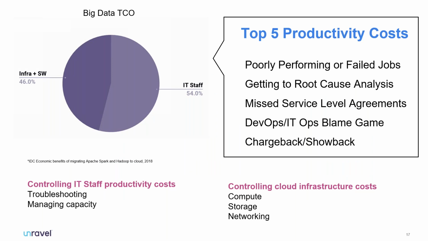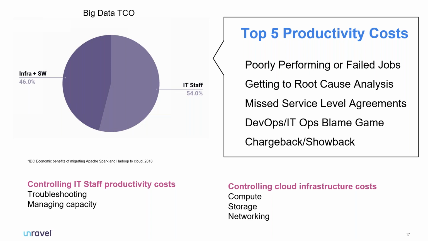Okay, so let's take a step back for a second and talk about the entirety of the cost of a big data system, the total cost of ownership. According to a recent IDC report, which speaks about the migration benefits of moving Apache Spark and Hadoop to the cloud, more than half of the total cost of ownership of a big data system is due to IT staff or productivity costs versus your traditional infrastructure and software costs.